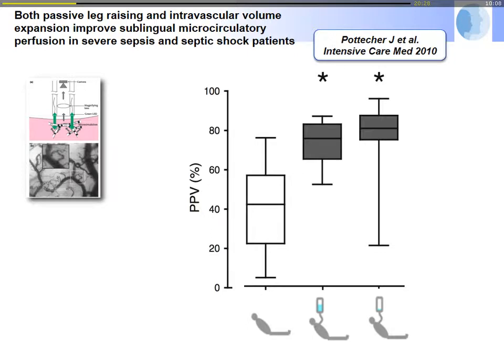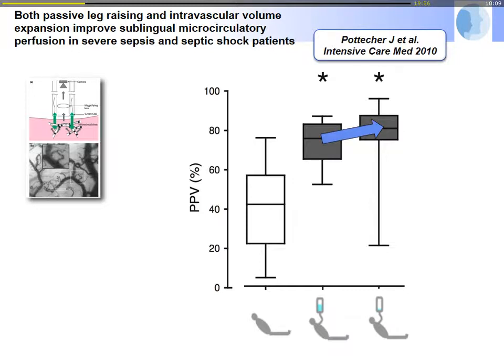But when we look at the sublingual microcirculation, you can see that after the first fluid challenge, we observe a nice improvement of the microcirculation. So it was good. But after the second fluid challenge, no change. So in terms of microcirculation, at the level of this tissue, the second fluid challenge was ineffective, was useless.